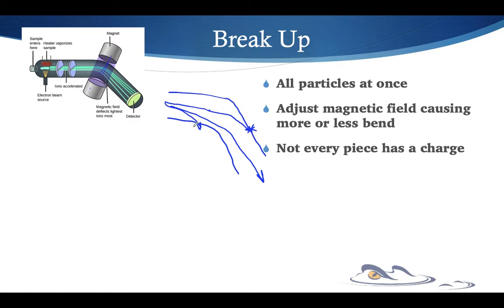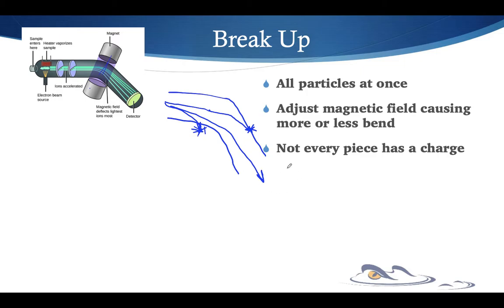If they want to get a reading on this one, they would have to decrease the strength of the magnetic field so that it can bend the proper amount and hit the detector. So that's how they do it. And then they just record how many pieces are hitting it in this relative way because of the electrical charge that's being transmitted there with some electronics.